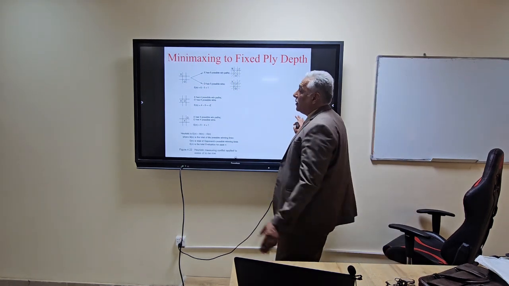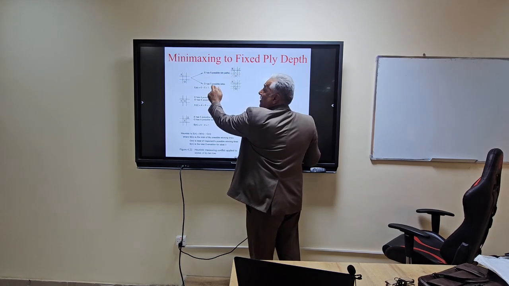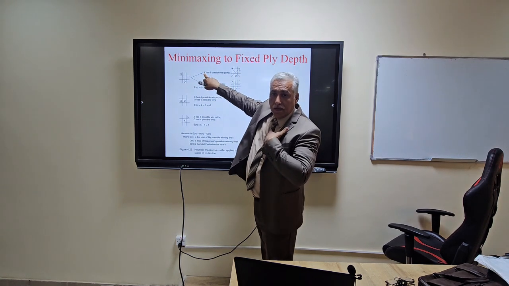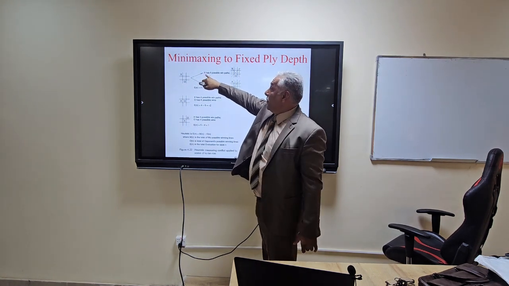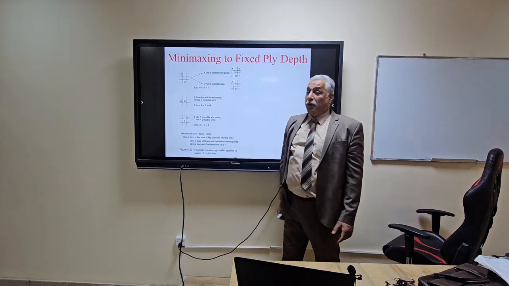For example, here X has 6 possible win paths, and O, that means the opponent, has 5. X means me, or the first player. The first player has 6 possible wins, and O has 5 possible wins.